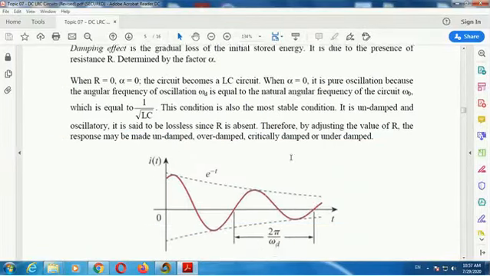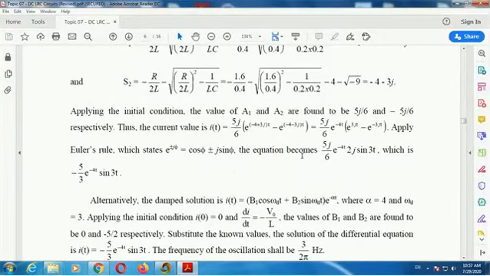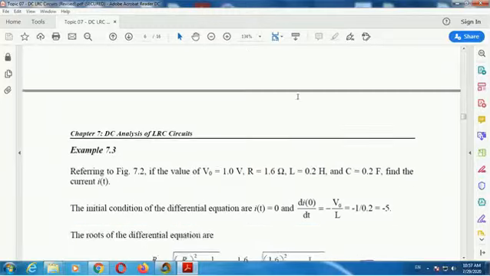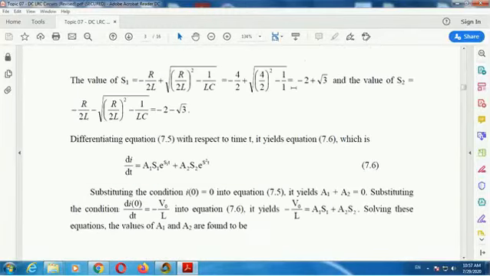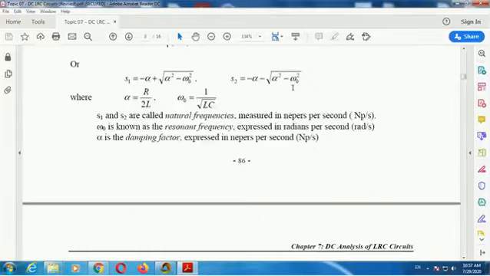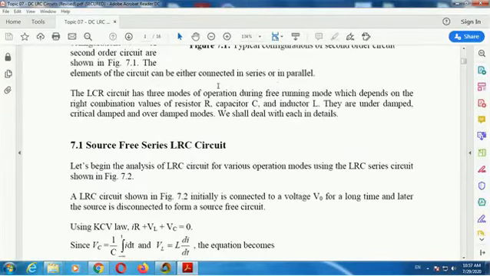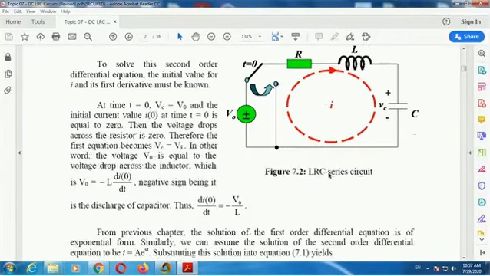We will cover this in lecture. This one is series RLC, figure 7.2.